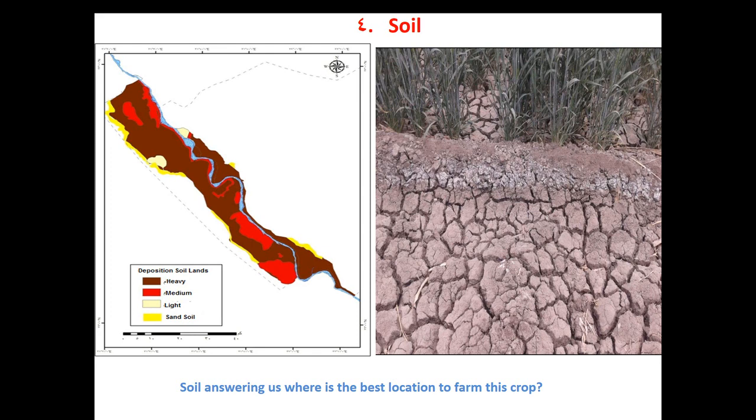Sand and silt are nice for sugar cane. These are different textures and soils. In the map you can see the difference between heavy, medium, light and sand soil in the eastern and western side.